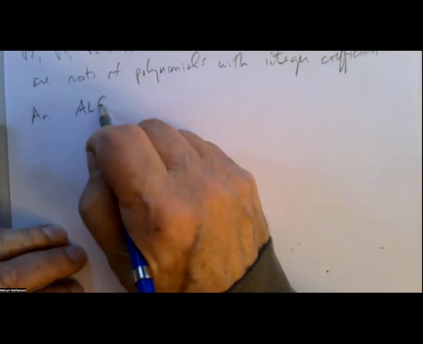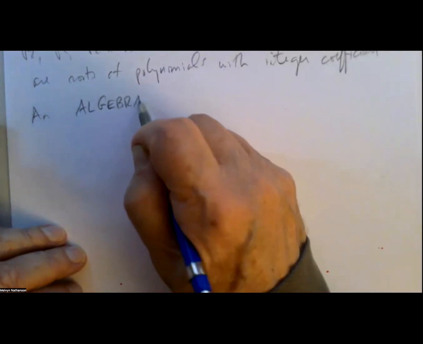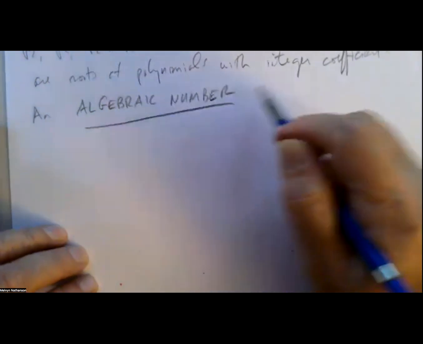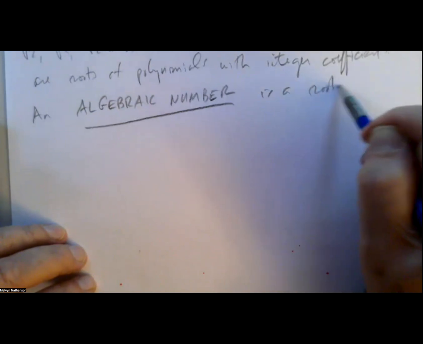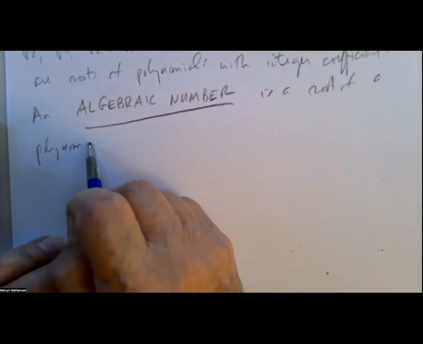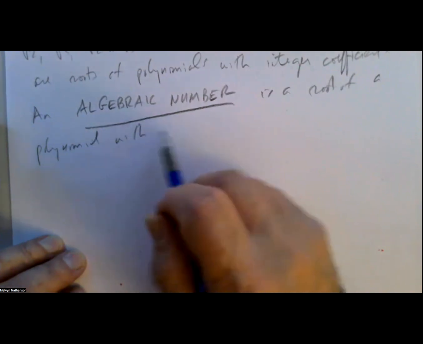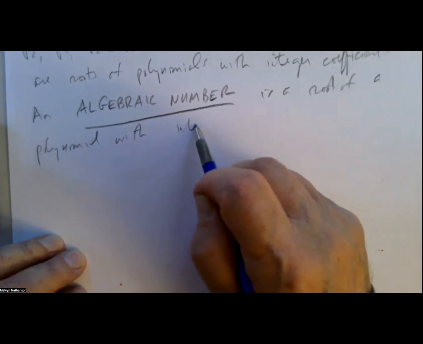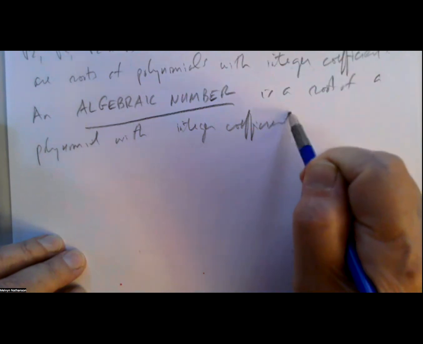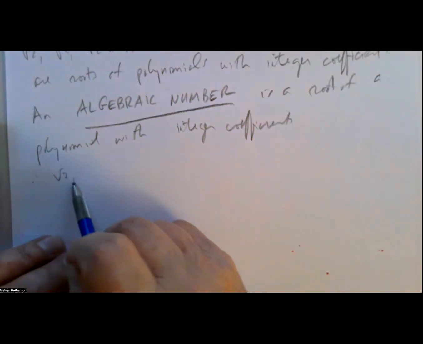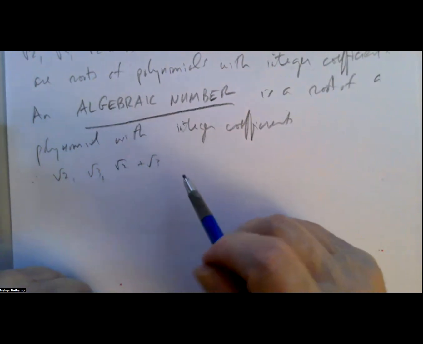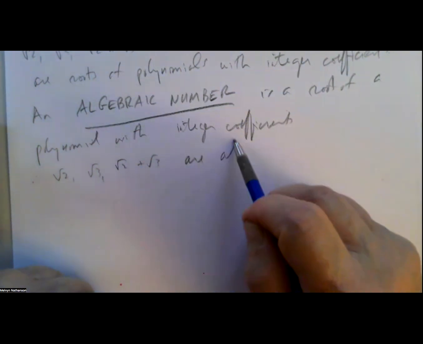So an algebraic number is a root of a polynomial with integer coefficients. So root 2, root 3, root 2 plus root 3, they are irrational, but they are algebraic numbers.